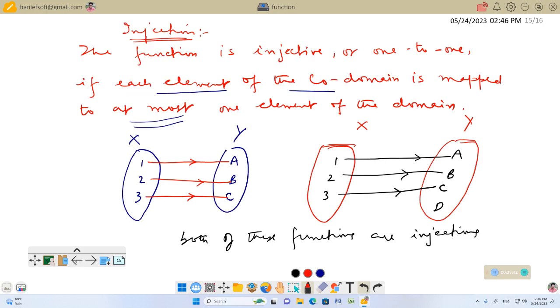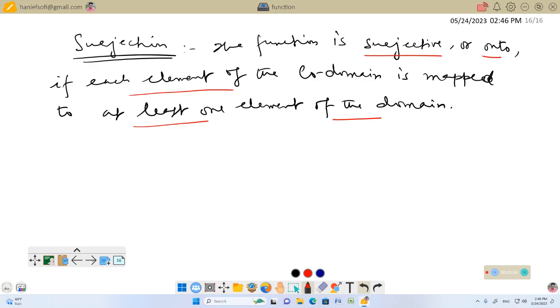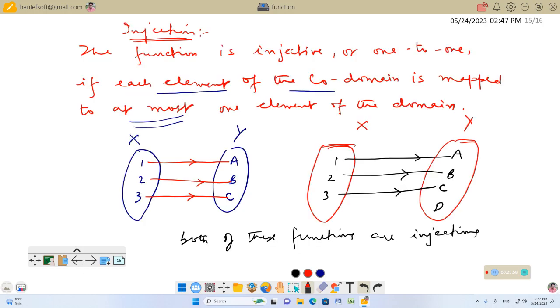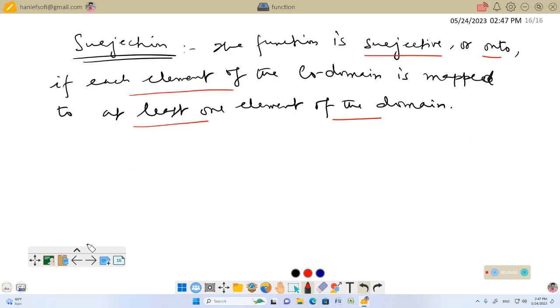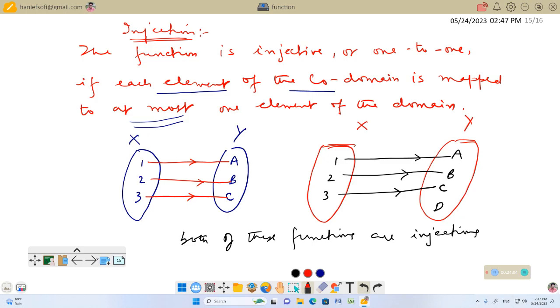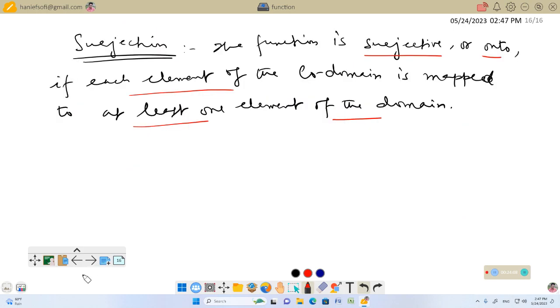Differentiate this with injection. There the definition was each element of the codomain is mapped to at most one element of the domain. Here we say each element of the codomain is mapped to at least one element of the domain. So differentiate this at least from at most in your minds. Let me show you what is the meaning of that.